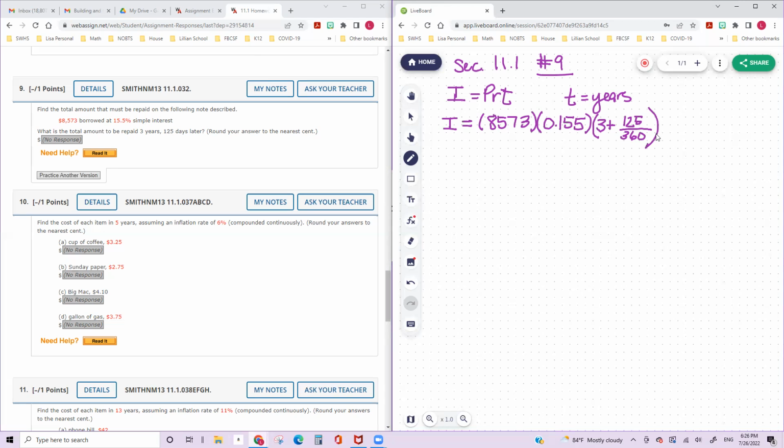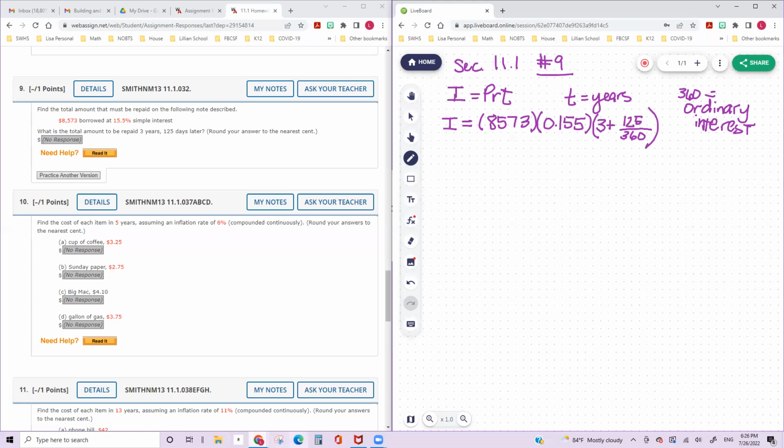The reason why we use 360 is because the text says that 360 days is considered ordinary interest. That's a key here. Sorry, my pen is not the very best here. So, ordinary interest.